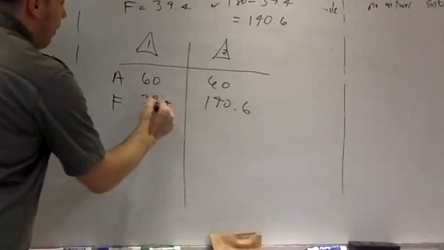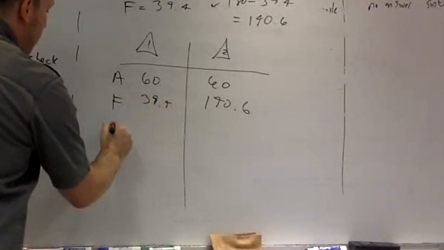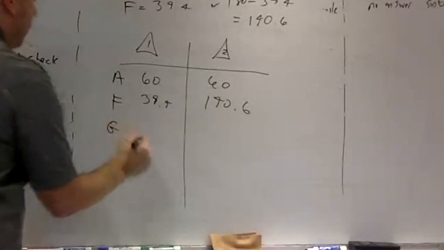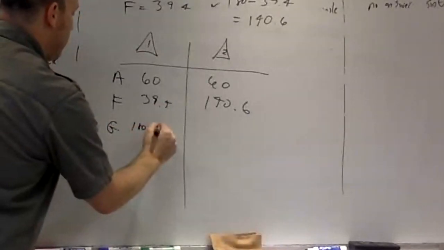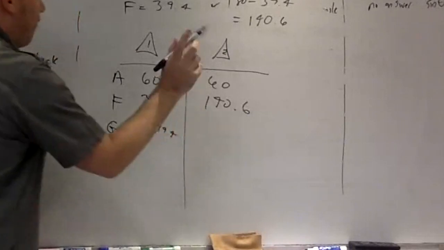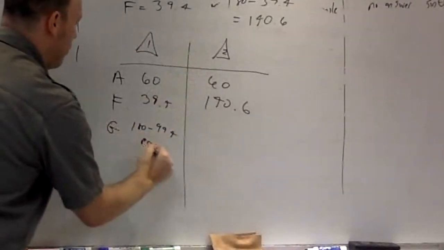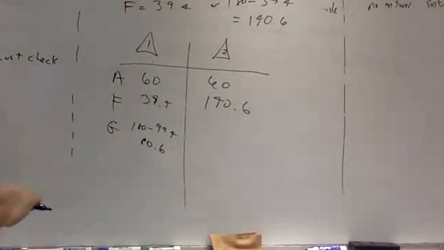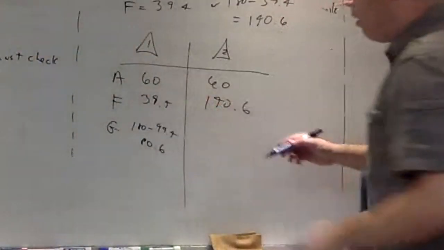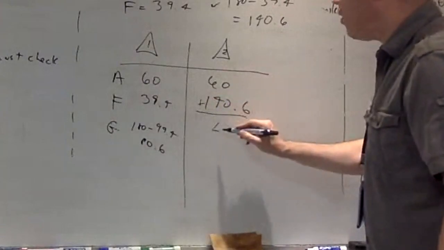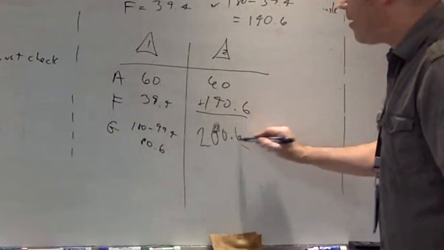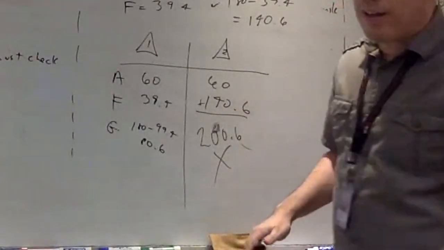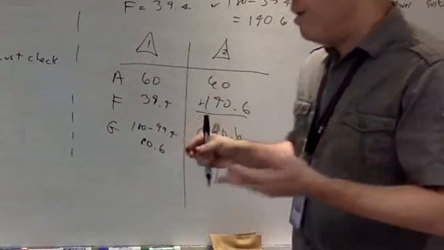Let's call this third angle G. So this one is 180 minus 99.4. You're fine with that. What is that, like 80.6? Yeah, 80.6 degrees. What's going on here? Well, this sum, 60 plus 140.6, is 200.6. That's no good, because a triangle can only have 180 degrees.